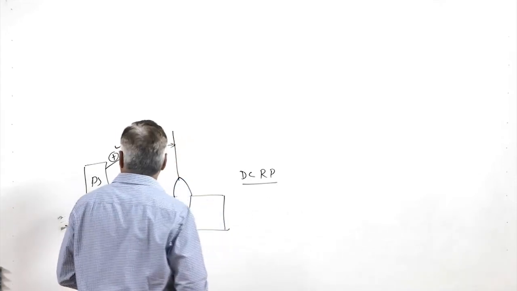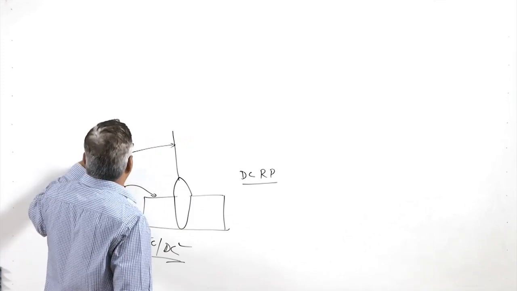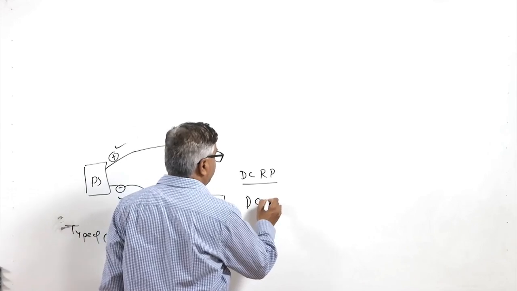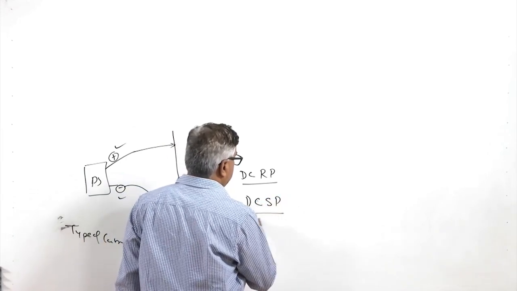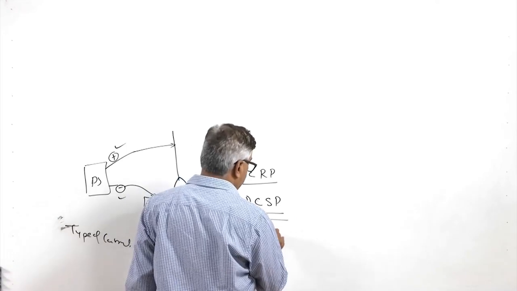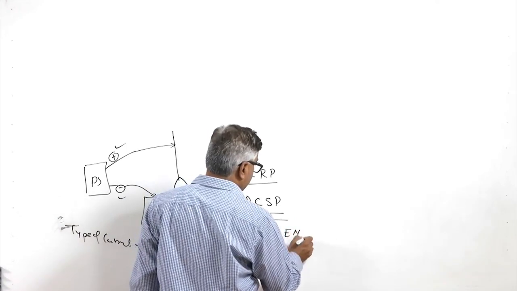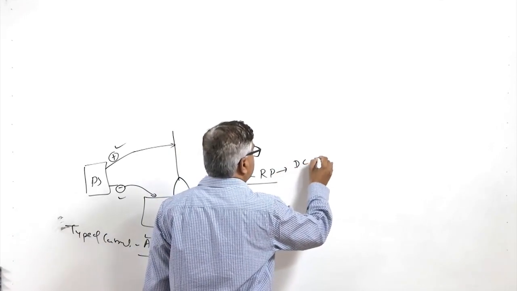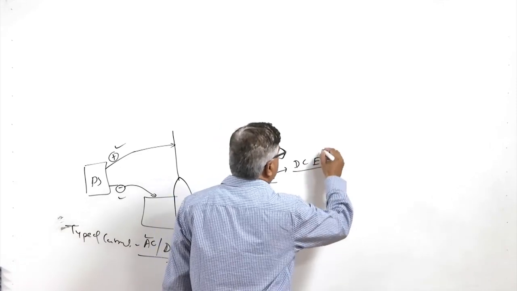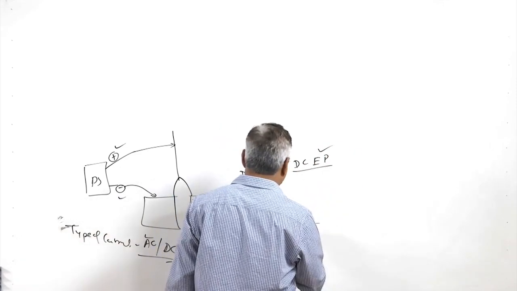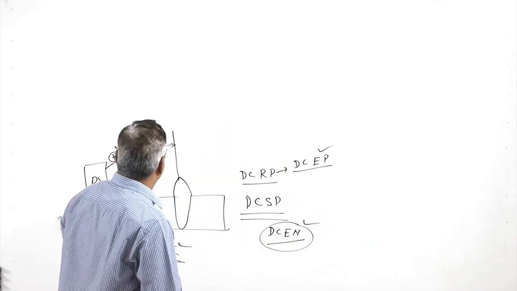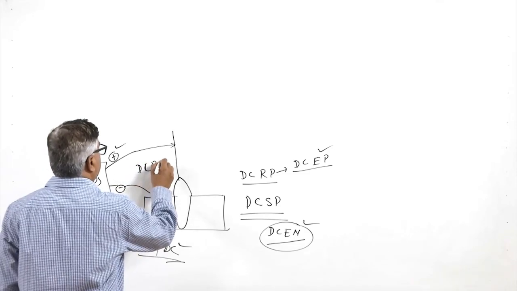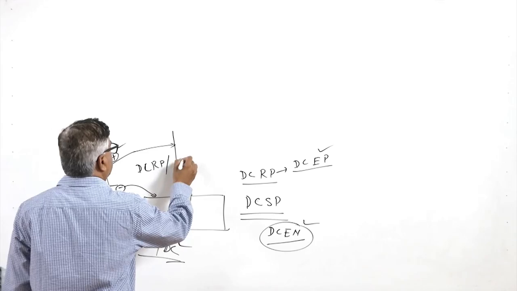Otherwise, when the electrode is connected to the negative terminal and the workpiece to the positive terminal, it is termed DC straight polarity, or DC EN, electrode negative.